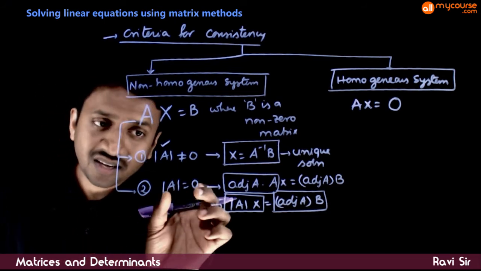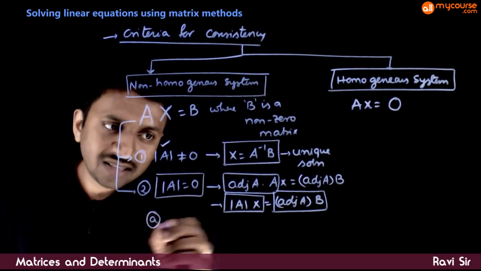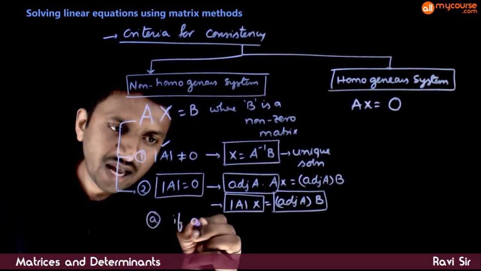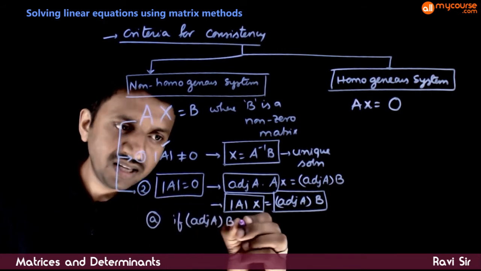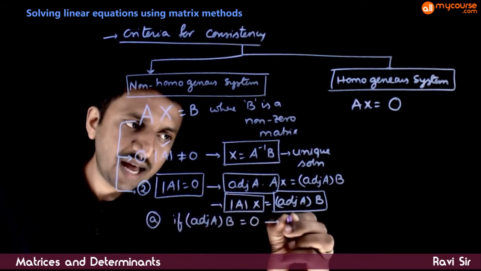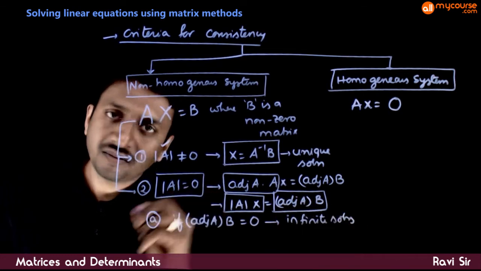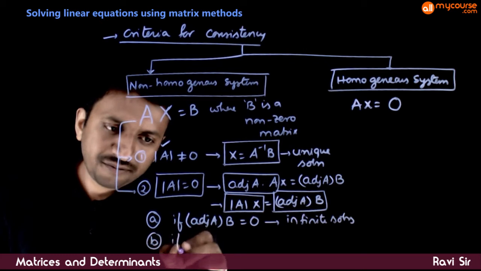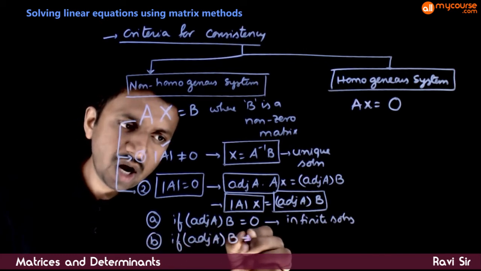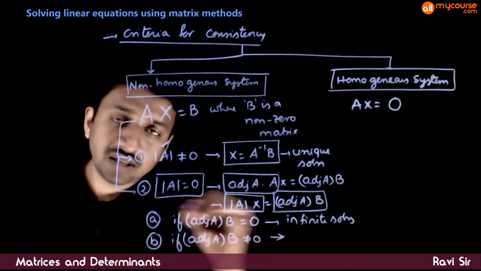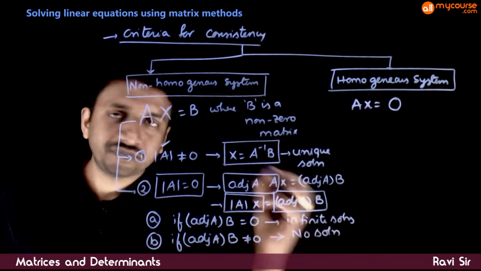So what are the cases? If det A is equal to 0, the first case is if adjoint of A times B is equal to 0, then you have infinite solutions. And if adjoint of A times B is not equal to 0, then you have no solution.